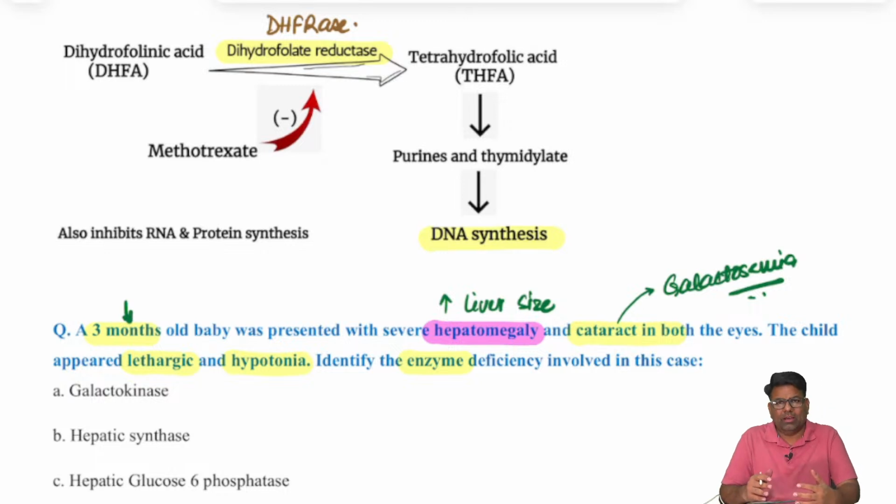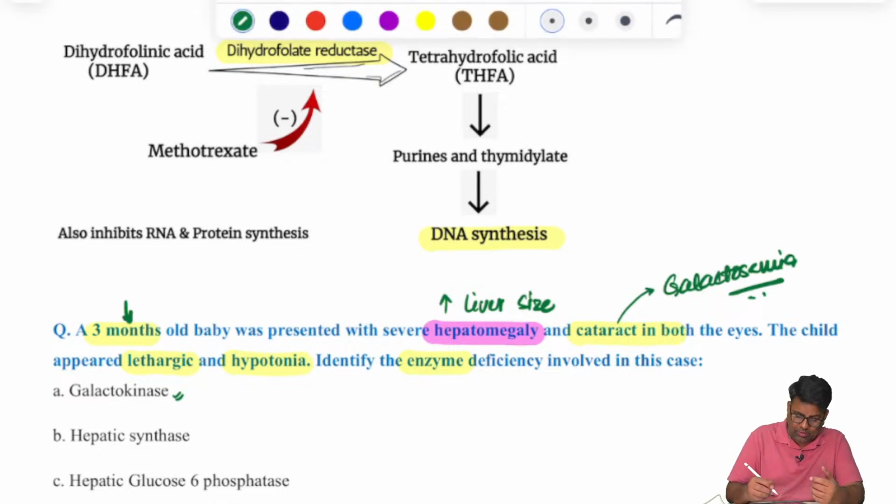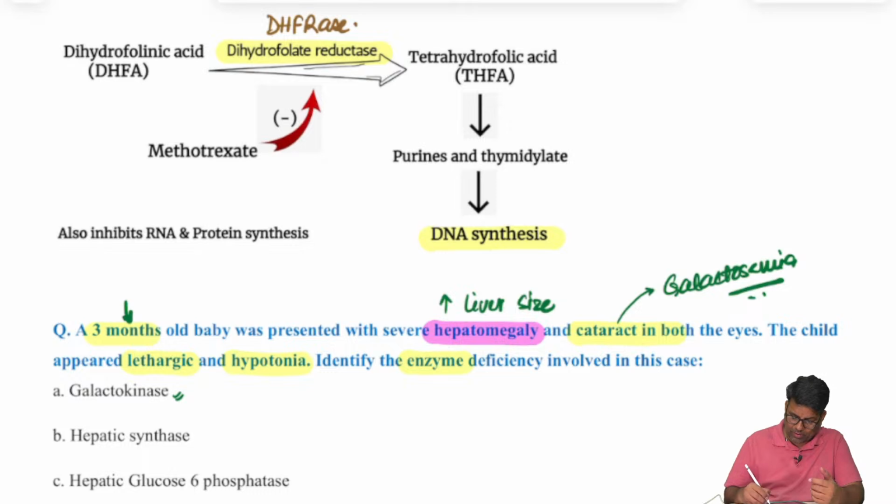Now, galactosemia can be because of a couple of enzyme deficiencies, and especially the ones which you should remember. One is galactokinase, and second is galactose 1-phosphate uridyl transferase, GALT. This one is the important one, but how will you differentiate which one will be the answer? Here you have to look at the options.